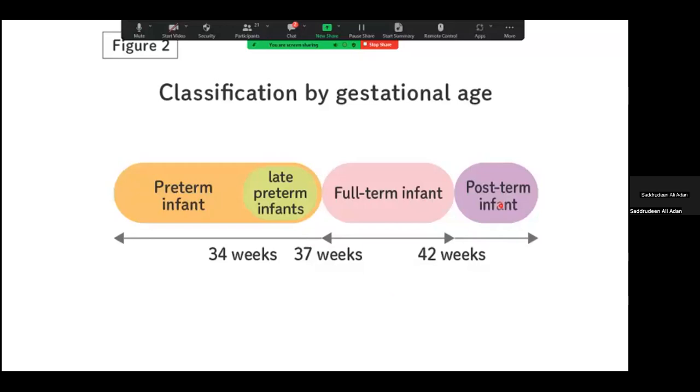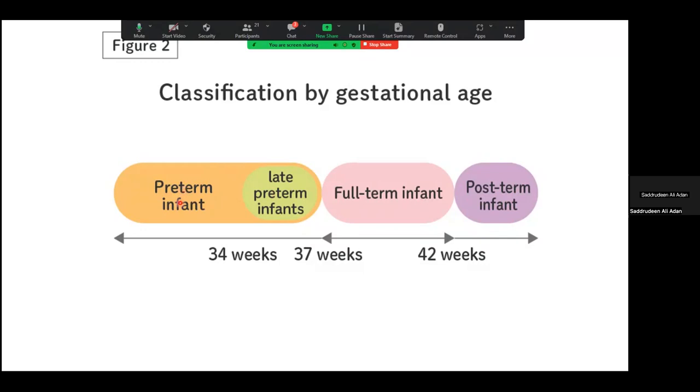Post-term infants are the ones you generally want to induce, because they stay there for long and some complications might happen. So you induce by giving maybe oxytocin, or you can do a cesarean section. But for preterm infants, we want to avoid labor, so we give tocolytic drugs that prevent labor. You don't need to cram that, but we don't want a baby born preterm because it's a high cause of morbidity and mortality.